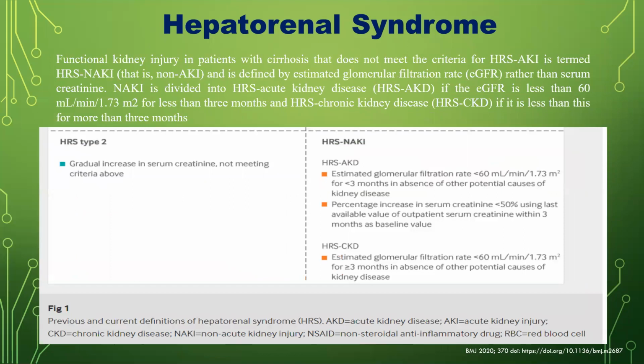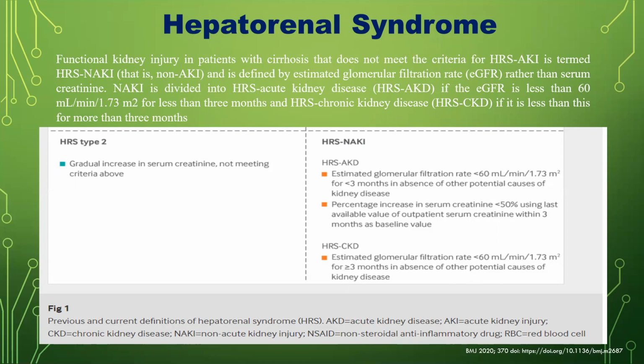Functional kidney injury in patients with cirrhosis that does not meet criteria for the first type of hepatorenal syndrome is termed hepatorenal syndrome non-acute kidney injury, and is defined by estimated glomerular filtration rate rather than the serum creatinine.